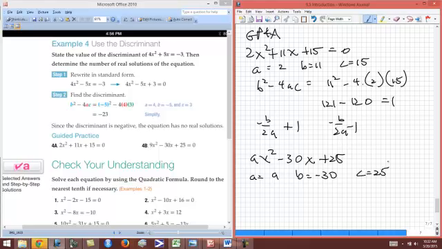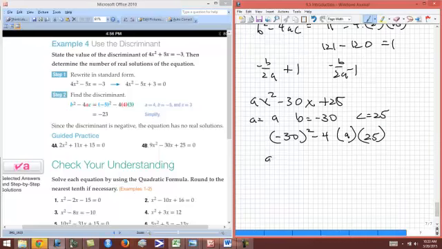So we're going to analyze the radicand, b squared minus 4ac: negative 30 squared minus 4 times 9 times 25. That's 900 minus, 4 times 25 is 100, times 9 is 900. So it equals 0. There is 1 real solution.